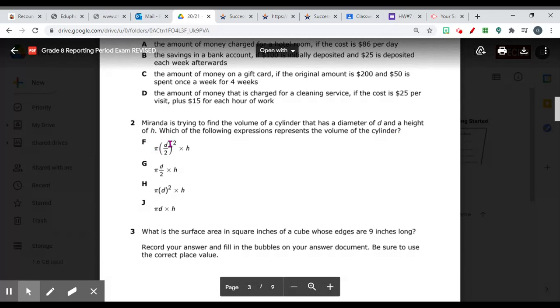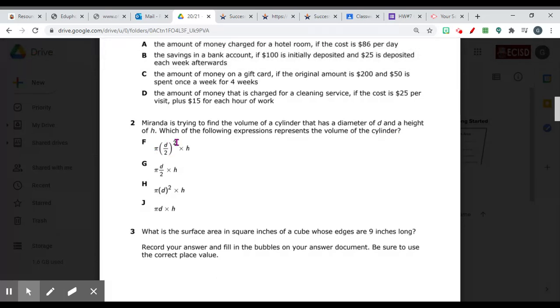F, pi times D divided by 2 to the second power, times H. G, pi times D divided by 2, times H. H, pi times D squared, times height. Or J, pi times D times H.